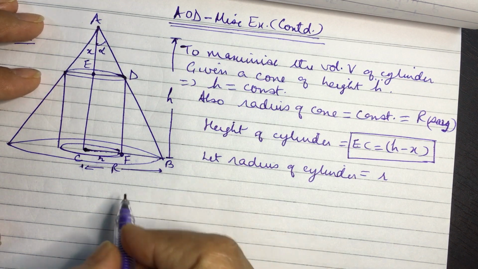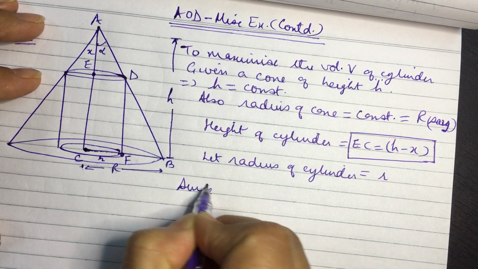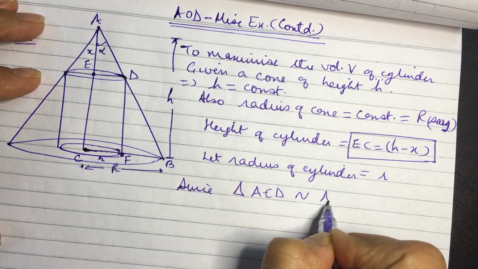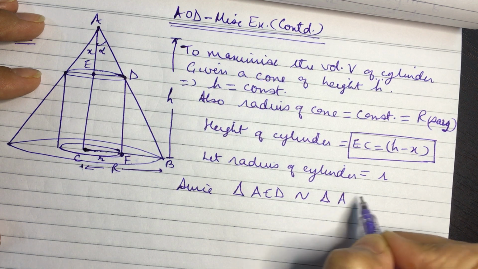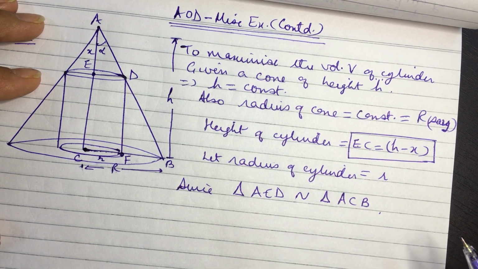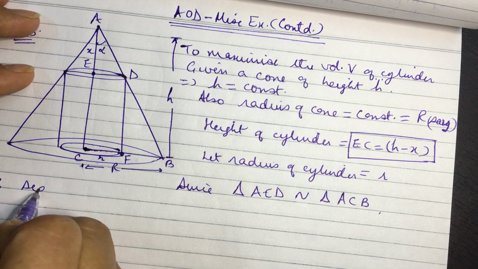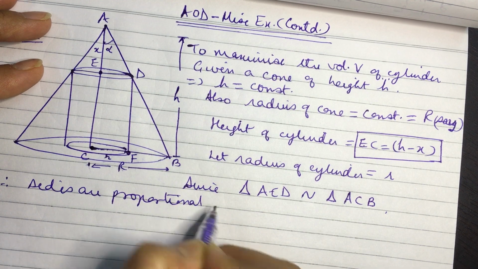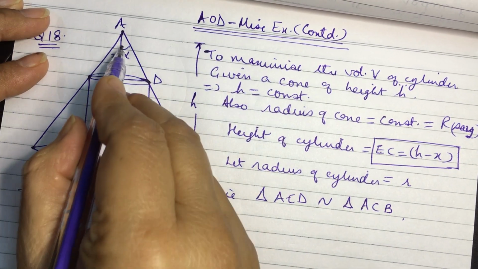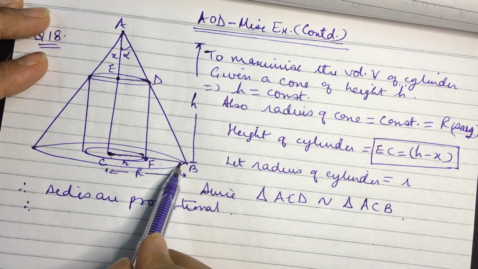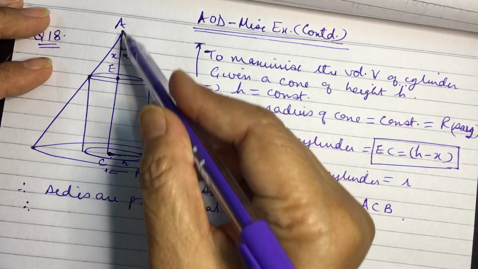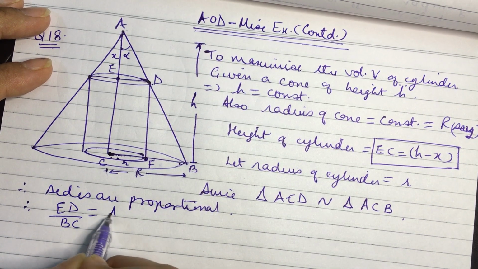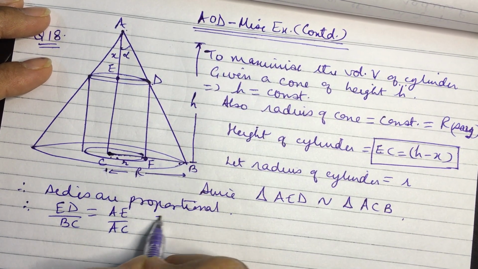Now since triangle AED is similar to triangle ACB, therefore sides are proportional, and so we have ED upon BC is equal to AE upon AC.